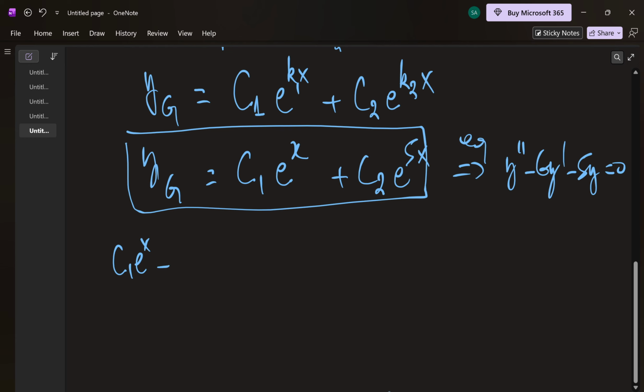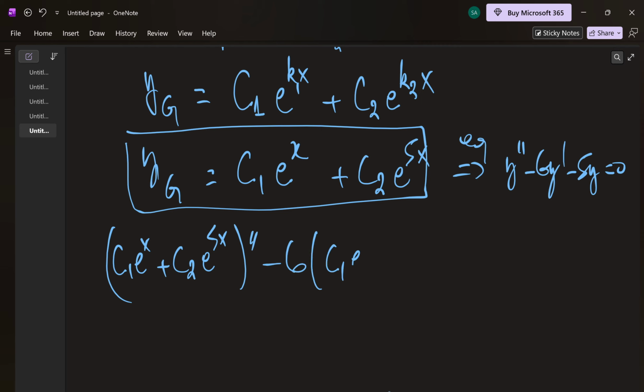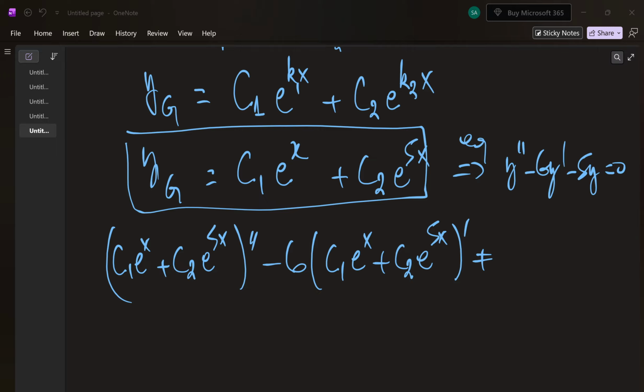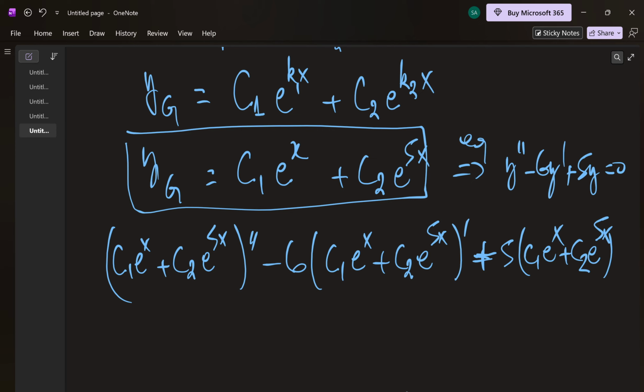If you substitute c1 exponential x plus c2 exponential 5x into y double prime, minus 6y prime, plus 5y, where y is c1 exponential x plus c2 exponential 5x.